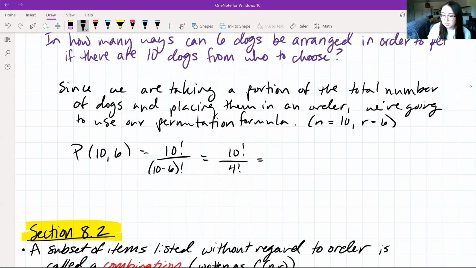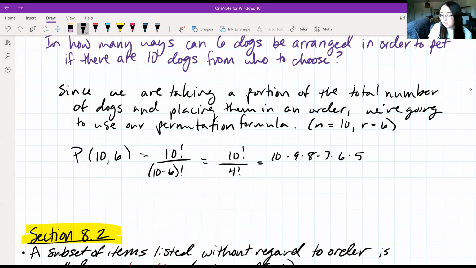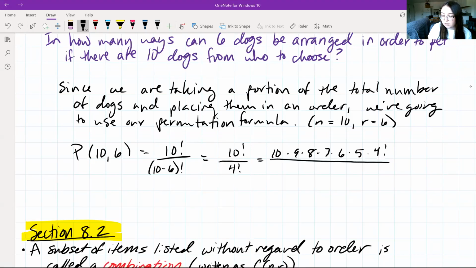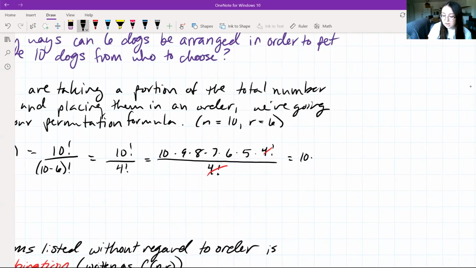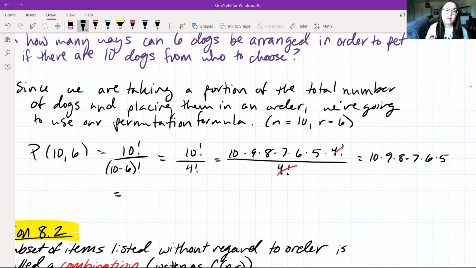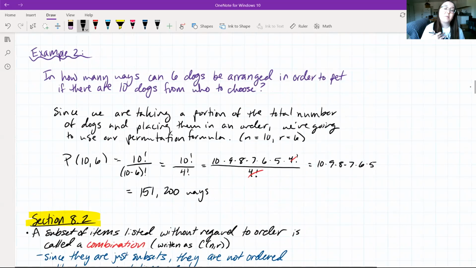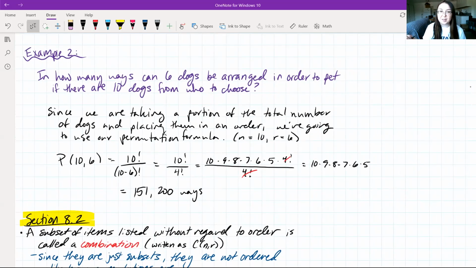So I'll write it out for this purpose. 10 times 9 times 8 times 7 times 6 times 5 times 4 factorial, and then we have 4 factorial. So we're going to cancel our factorials, and we end up getting 10 times 9 times 8 times 7 times 6 times 5, which when we multiply these values together is going to give us 151,200 ways that we can arrange 6 dogs in order out of 10.